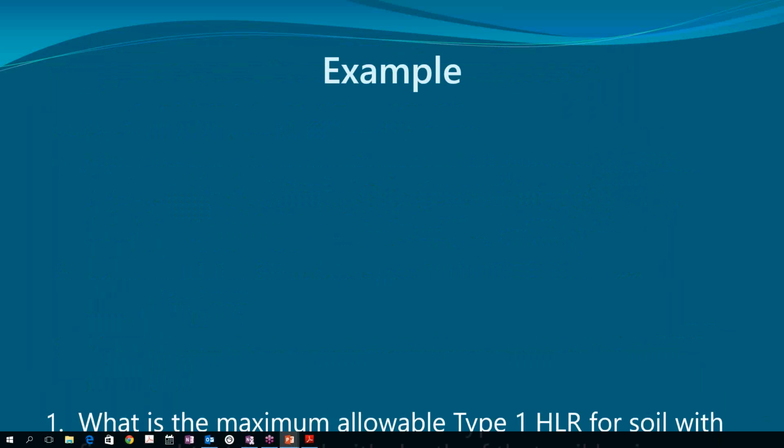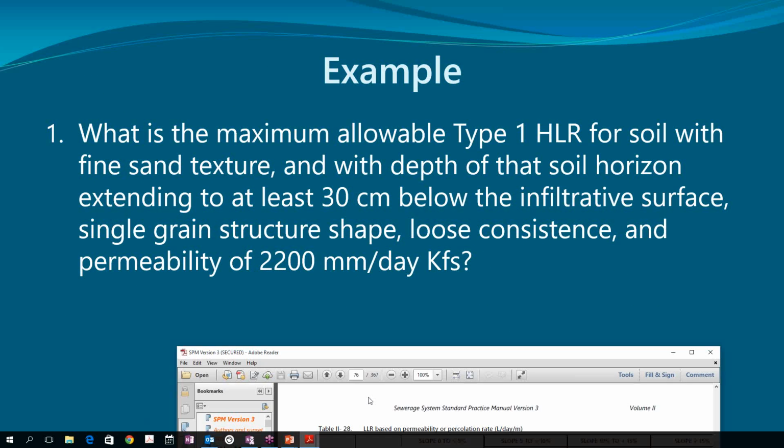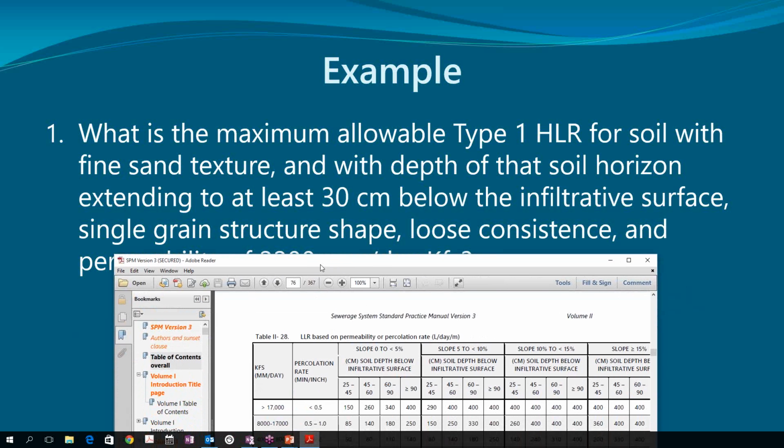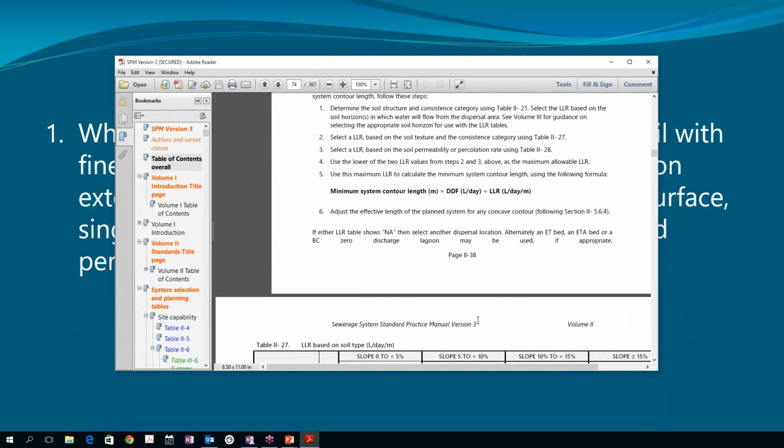We're getting kind of close to the end. There's some more examples. There's the data. HLR question, not LLR, HLR. So we have to start with structure and consistence category. It's single grain loose. Single grain loose, as you might expect, is favorable.